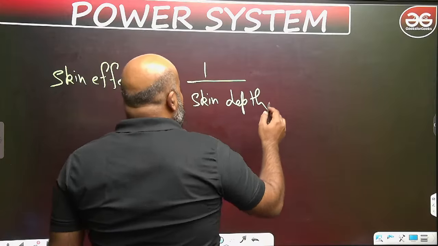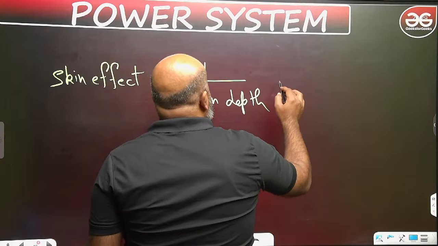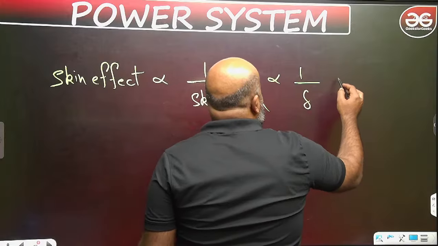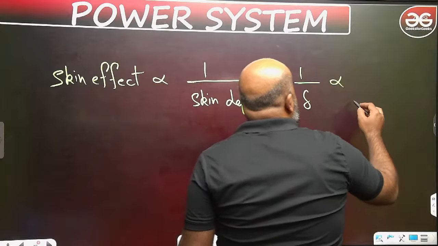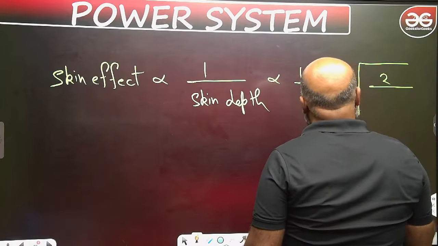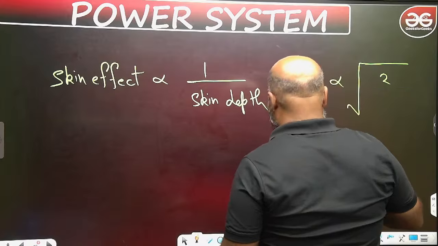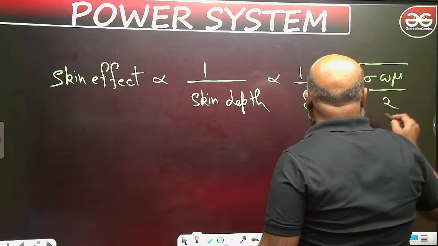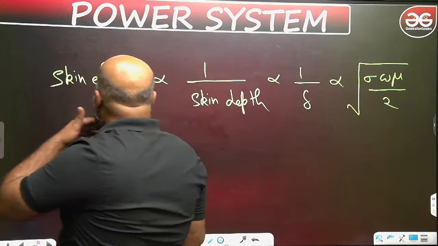Are you getting this? It means what? Skin effect is proportional to 1 upon del, and this is directly proportional to root of sigma omega mu upon 2. Yes or no?